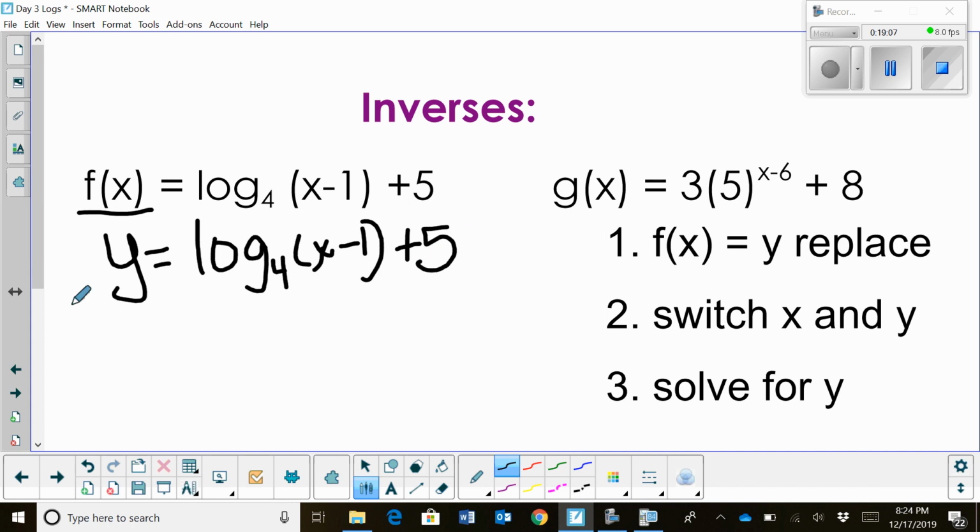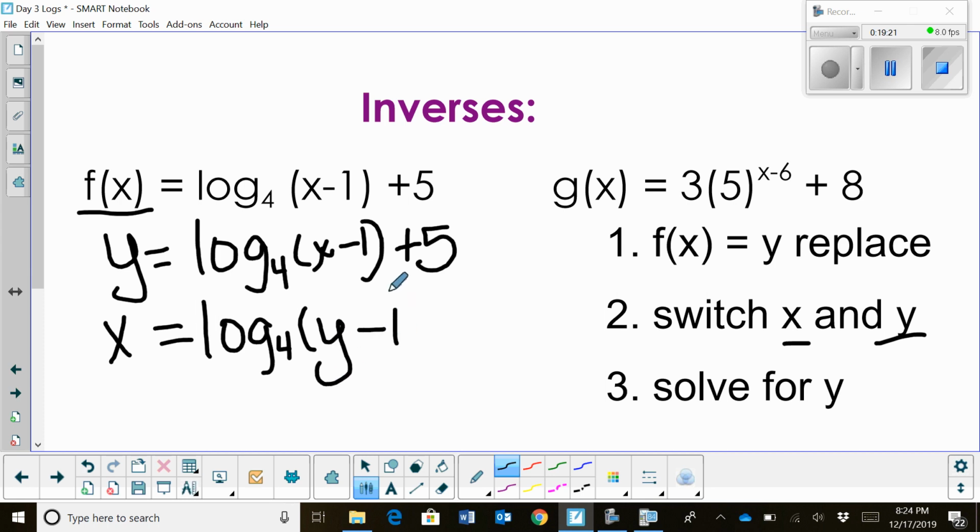Okay, now I'm going to switch the positions of x and y. So I'm going to put an x where the y is and write the whole thing out. And then I'm going to put a y where the x is. So this creates the inverse right there with the switch.